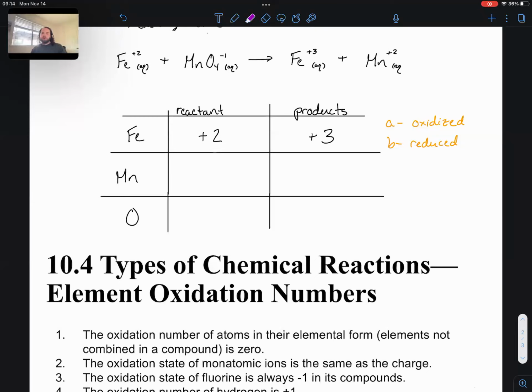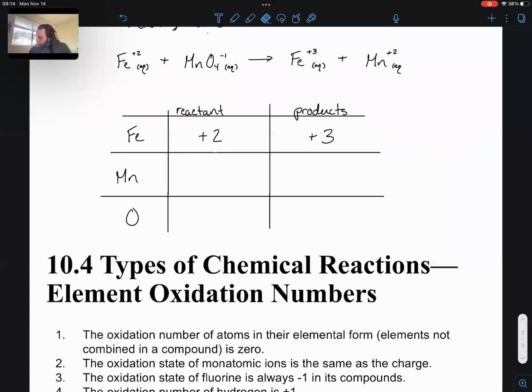All right, so remember, reduced means it's going down in oxidation number. In this case, since it's going up, the iron is being oxidized. It's losing electrons, but electrons are negatively charged, right? So if I lose a negatively charged electron, I actually go up.